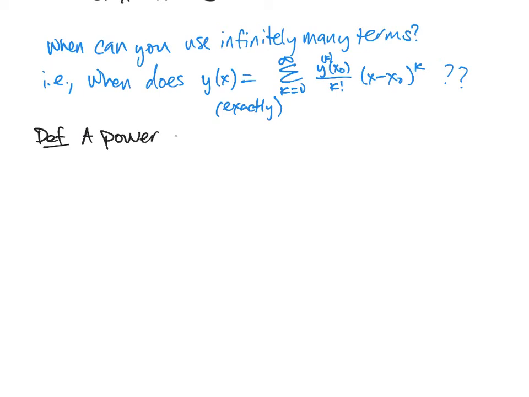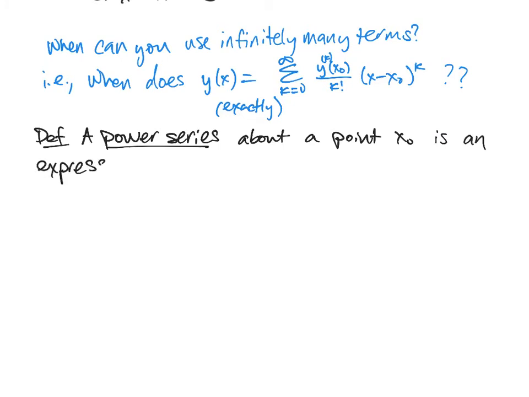A power series about a point x naught is an expression, the sum from n equals 0 to infinity of some a_n, a coefficient, times x minus x naught to the n.